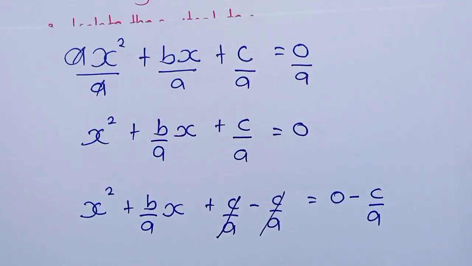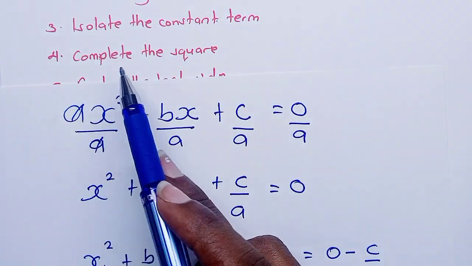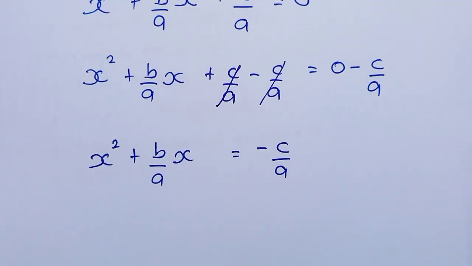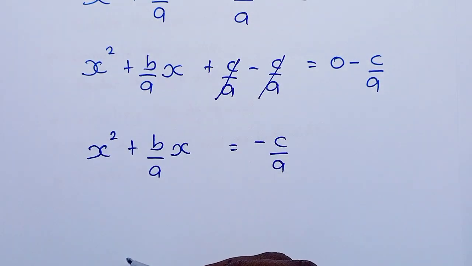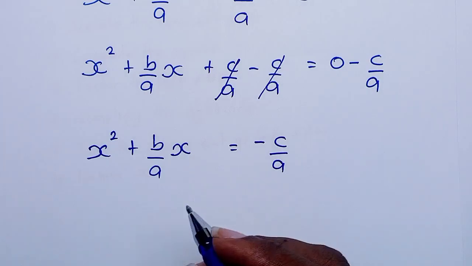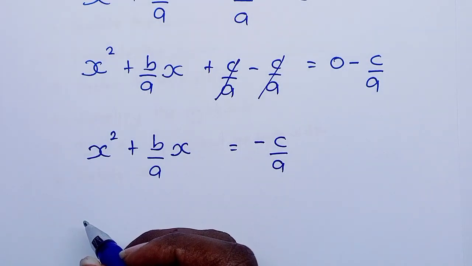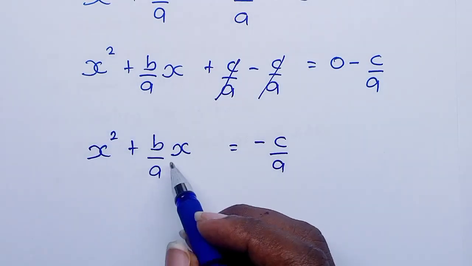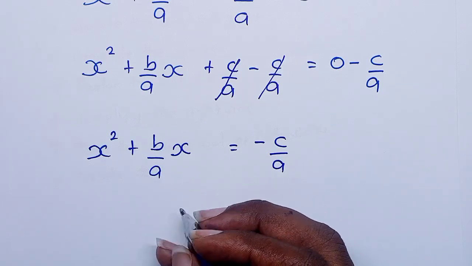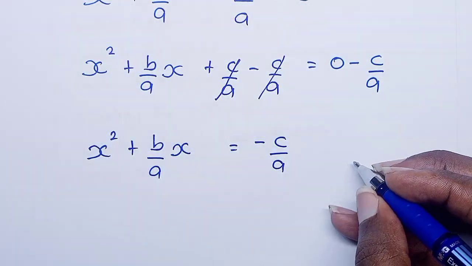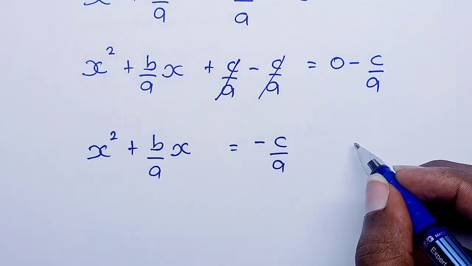Now the next step after that is to complete the square. So we need to complete the square here. And now how do we complete the square? First, you take half of the coefficient of x, which is b over a. This is like our side work.